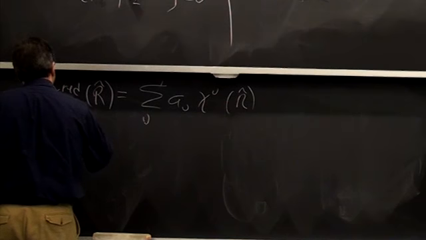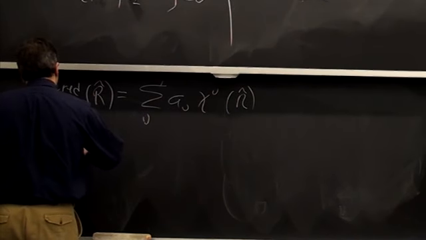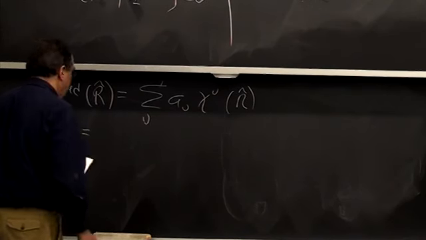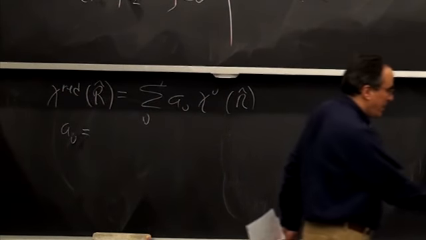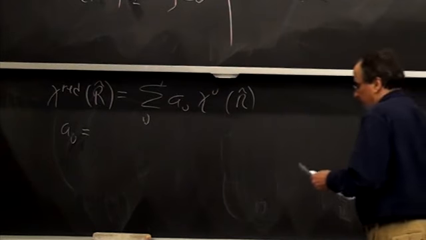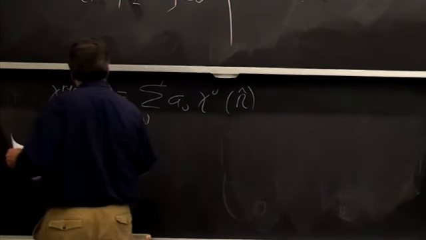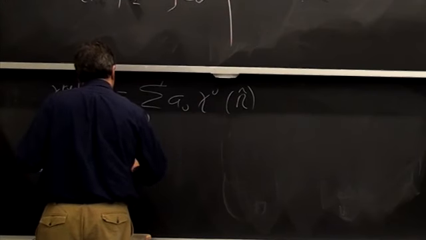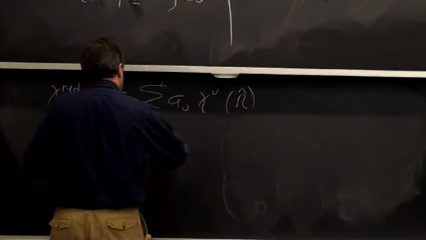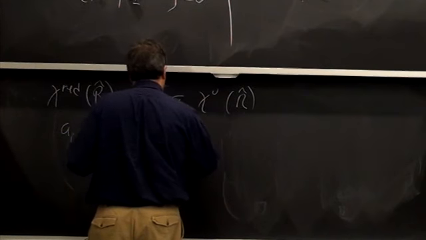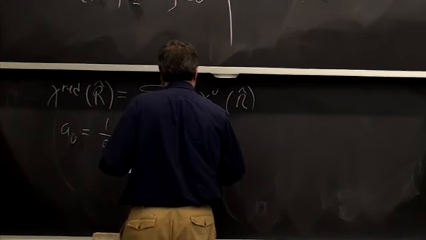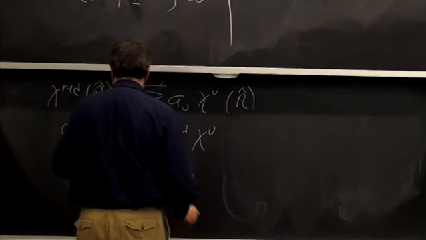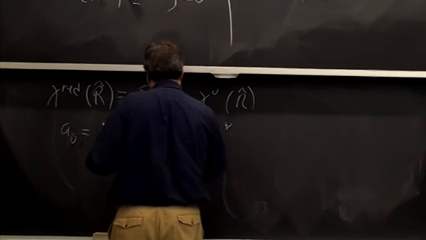And that's given through the great orthogonality theorem for characters as 1 over g. And this is the equation you'll always be using. Sum over R chi reducible chi nu star.